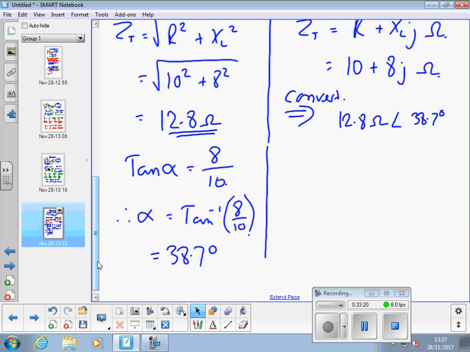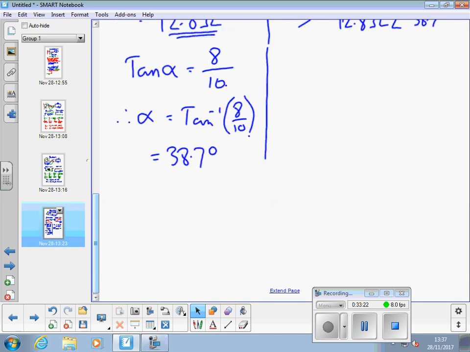Okay, now, how about calculating the current? What's the formula for current?